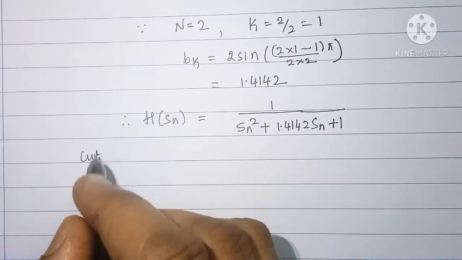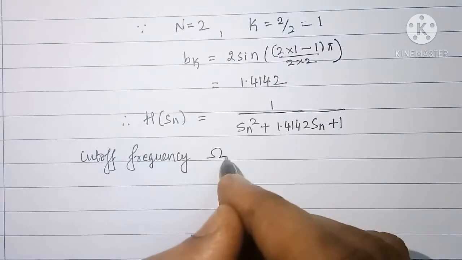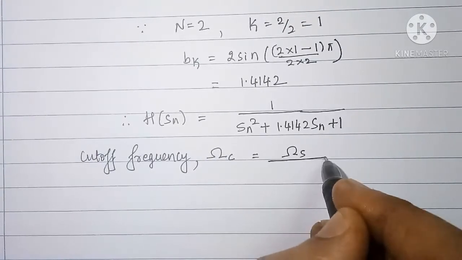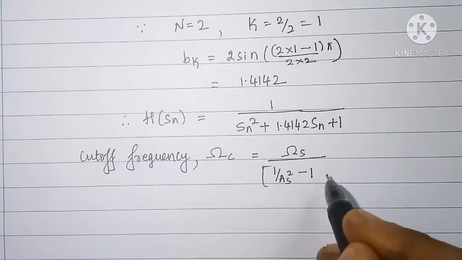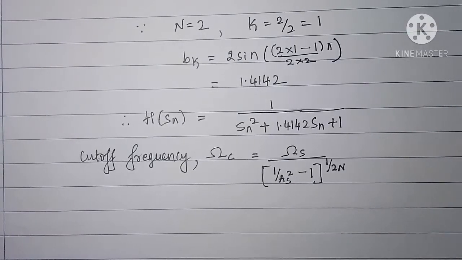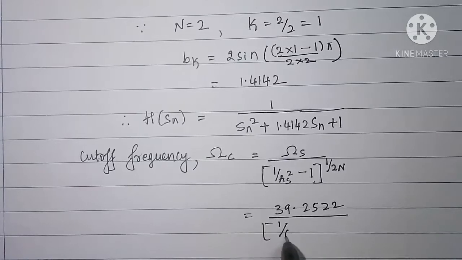So write cutoff frequency omega c equal to omega s upon (1 by as square minus 1) raised to 1 upon 2n, that is equal to 39.2522 divided by (1 upon 0.1 whole square minus 1) raised to 1 upon 2 into 2.